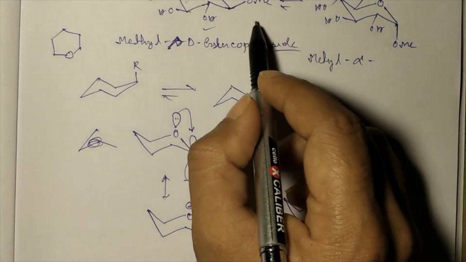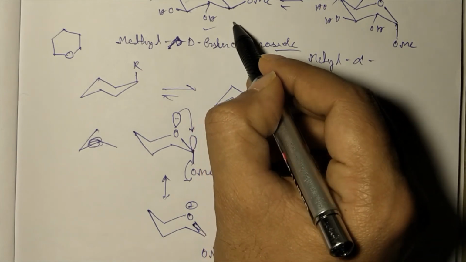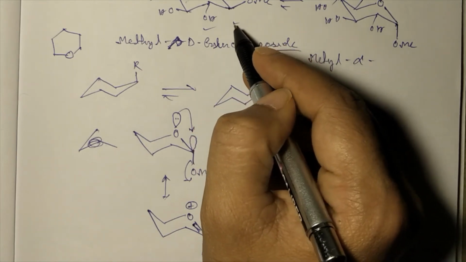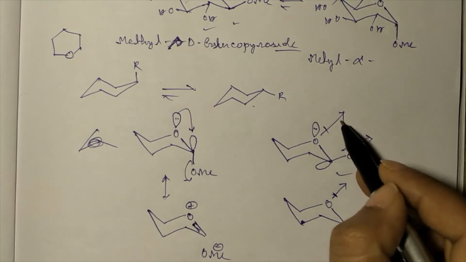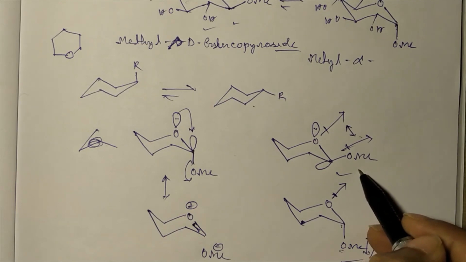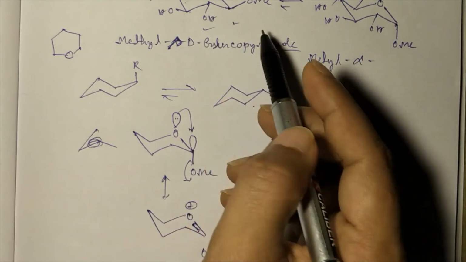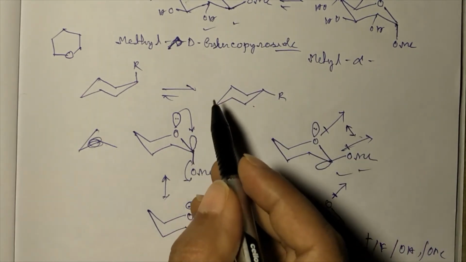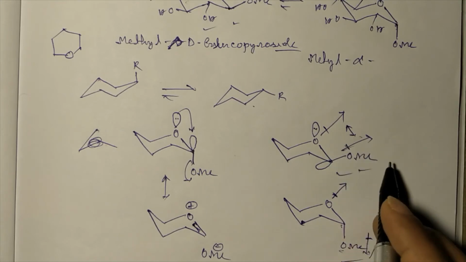If we increase the polarity of the solvent, then the percentage of this isomer will increase. Why? Because if we increase the polarity of the solvent, then the dipole-dipole repulsion will decrease and the equatorial isomer will become more stable. And that's why the percentage of this isomer will increase. This is a proof that a dipole-dipole repulsion exists here.